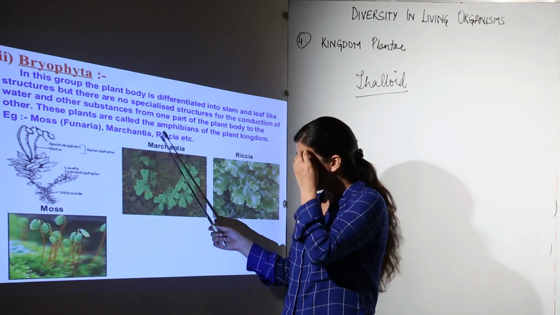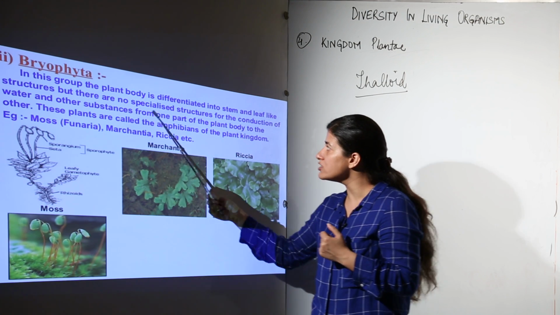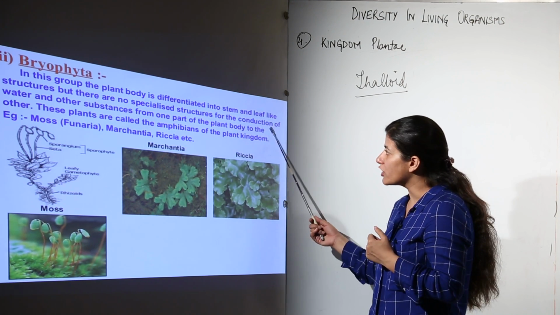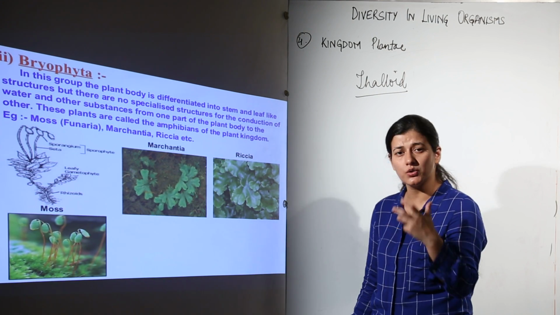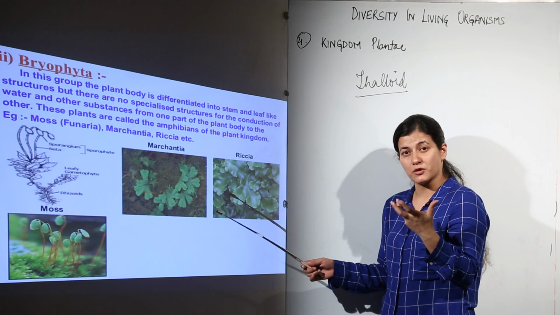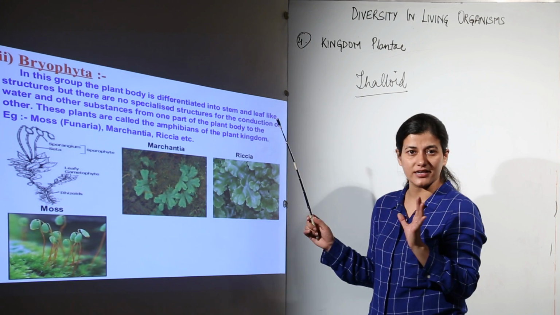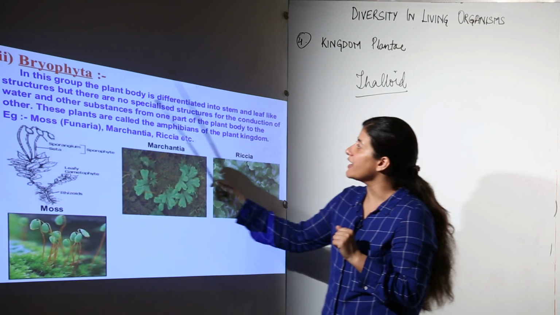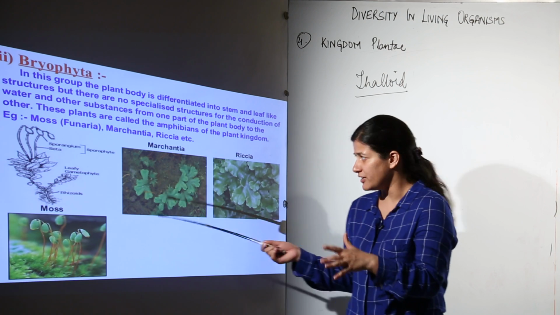This is not completely thalloid, but it is somewhat thalloid. There are no specialized structures for conduction of water and other substances from one part of the plant body to the other. We said that in higher plants, the tissue responsible for conduction of water will be the classification criteria, and we do not have that specialized structure over here.